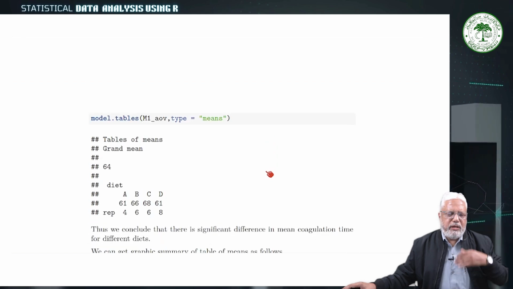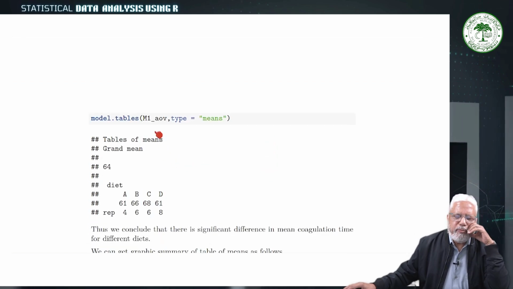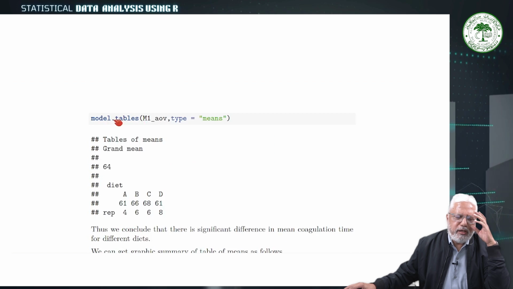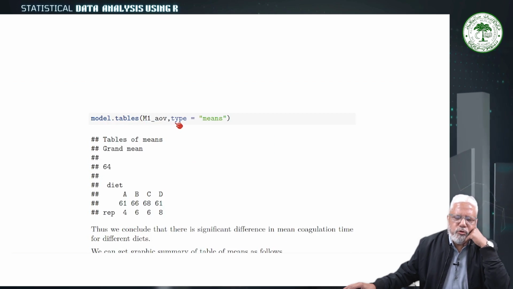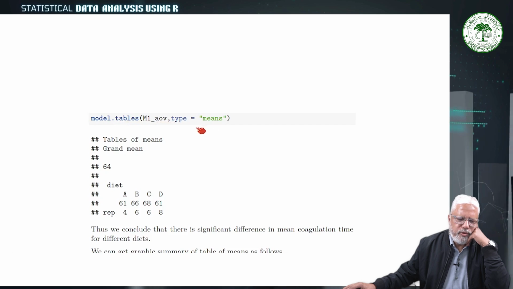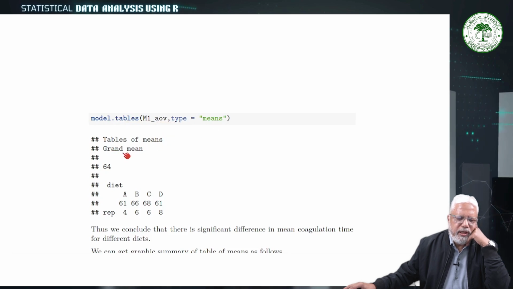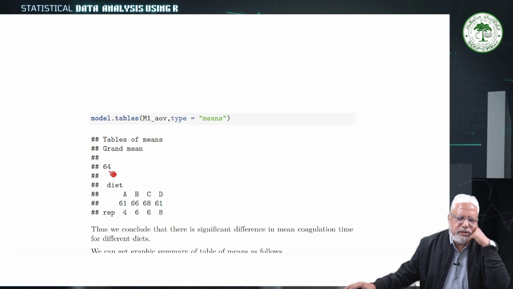Then we can have a table of means. The function is model.tables, with m1_AOV, type equal to means. So, in the table of means, the grand mean, the overall mean, is 64.